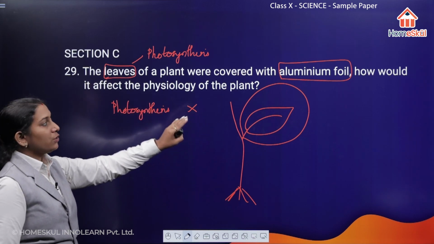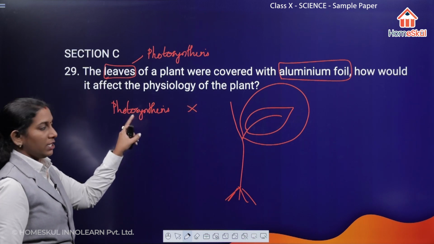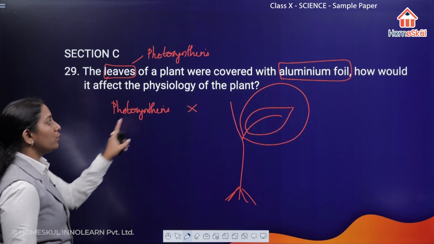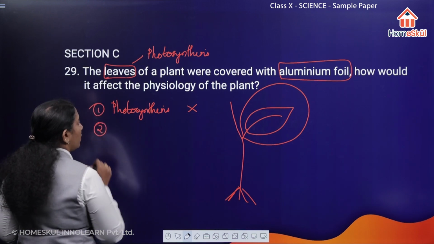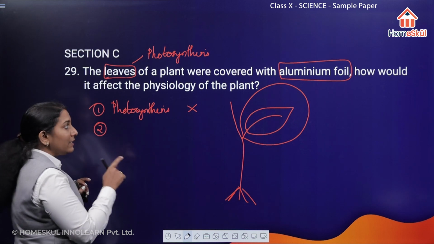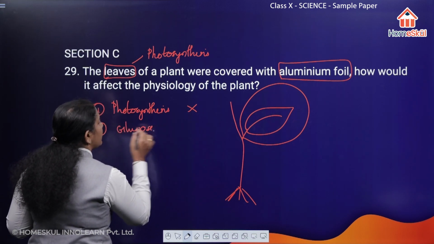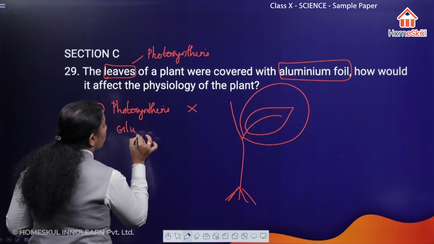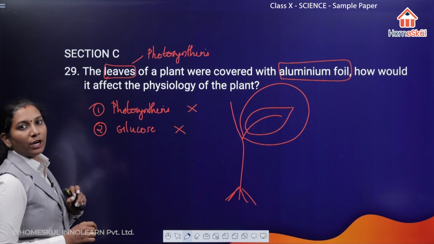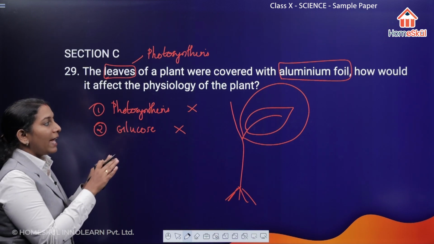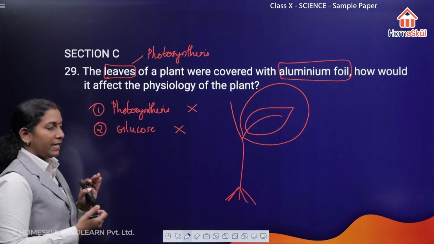That is the question. First, photosynthesis does not occur in the plant. As a result of this hindrance in photosynthesis, glucose is not produced inside the plant. Glucose is the main product of photosynthesis. So, the plant does not get enough food for its growth, and that will affect the entire plant.